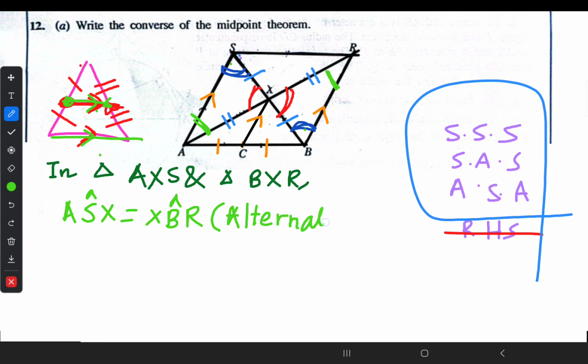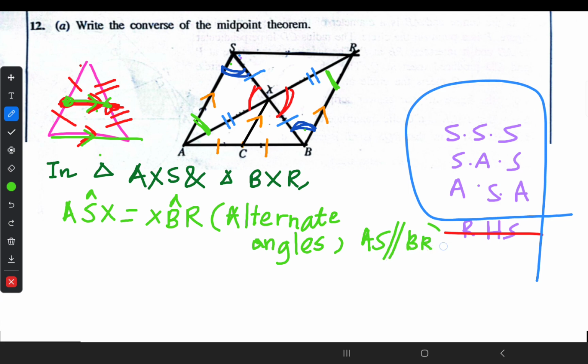When you are showing alternate angles, definitely you should show according to which parallelism these two are alternate angles. If these two are parallel only, we can conclude these two angles are alternate angles. So accordingly, AS parallel to BR.